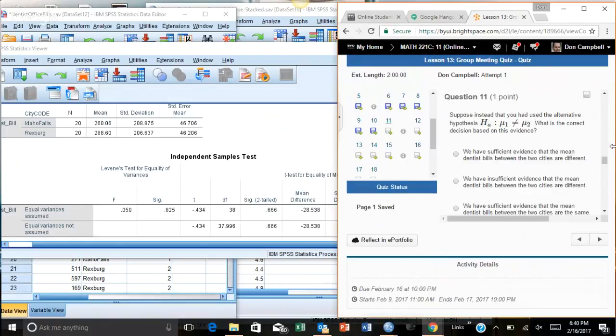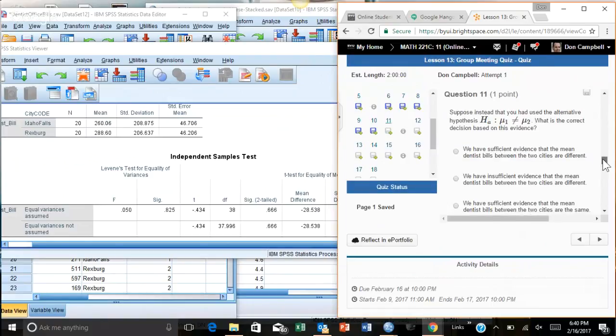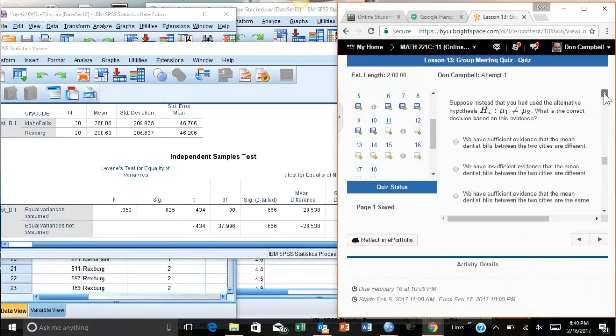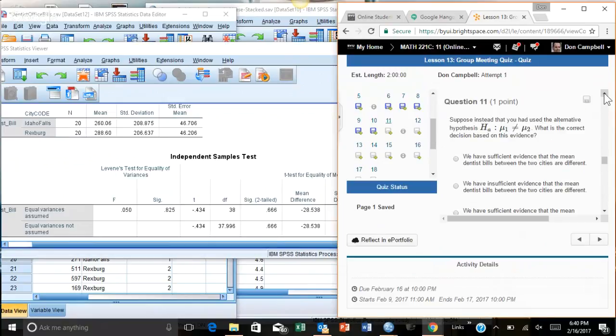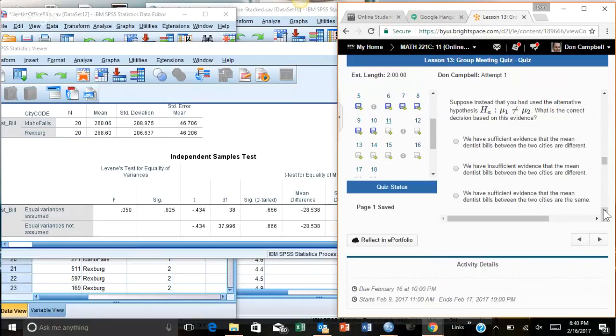Suppose instead that you had used the alternative hypothesis, where mu does not equal, or 1 does not equal 2. What is the correct decision based on this evidence?